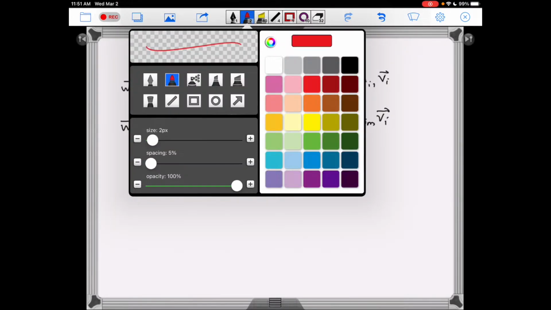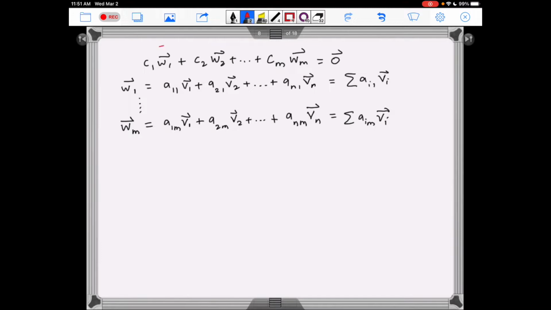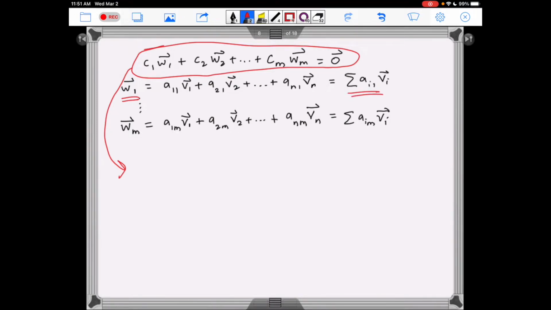Now, here's what we're going to do. We're going to take this dependence relationship up here. So this guy right here, we're going to rewrite it, except I'm going to replace each W, which we know is right there, with that sum. In other words, I'm going to take that equation and write it with V's instead of W's. And so this is what it looks like.